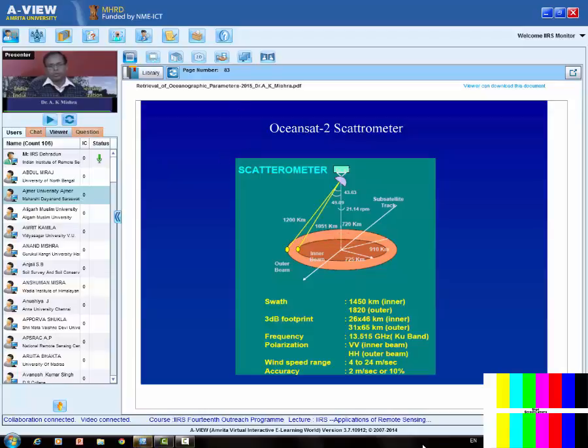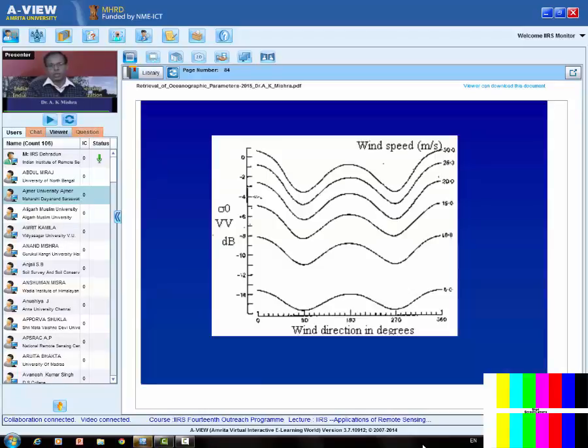So these two beams are used to retrieve the wind speed over the ocean. This is the vertically polarized backscattered power, and for different wind speeds it gives different amounts of backscattered energy, and in the azimuthal direction also the trend is different.